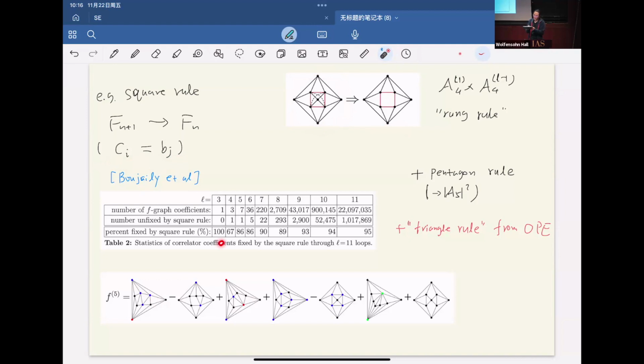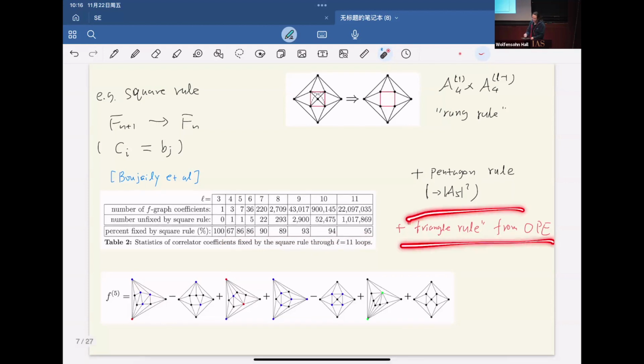I mean, it still fixes really a lot of graphs. You can see at 10 or 11 loops it fixed more than 90% of the graphs' coefficients recursively, but for the remaining ones you still have a lot of work to do. So there are more graphical rules that Jake and collaborators found, which allow you to finally bootstrap the whole thing.